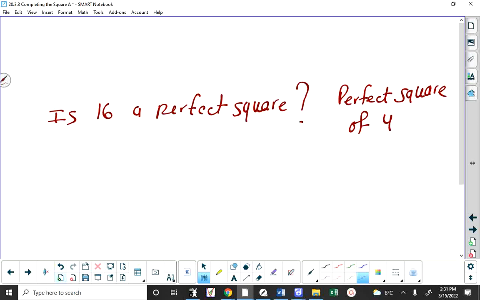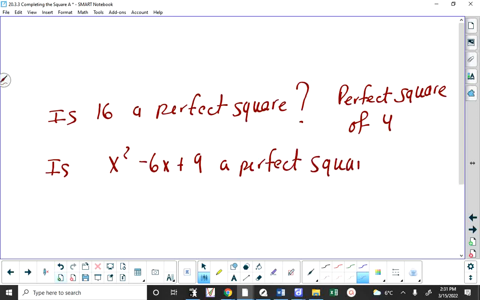So if I say to you, and you can look at your notes in the warm-up here, is x squared minus 6x plus 9 a perfect square? The answer is yes, if you can tell me what you square to get that.